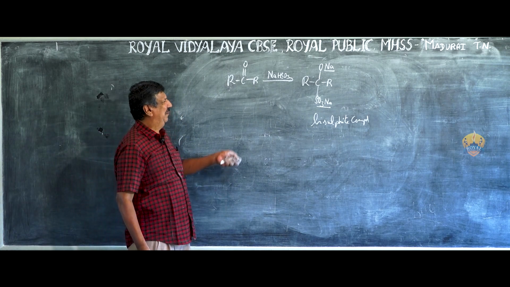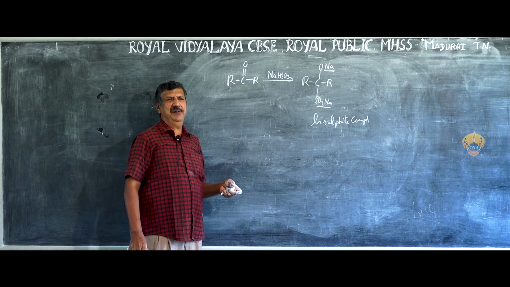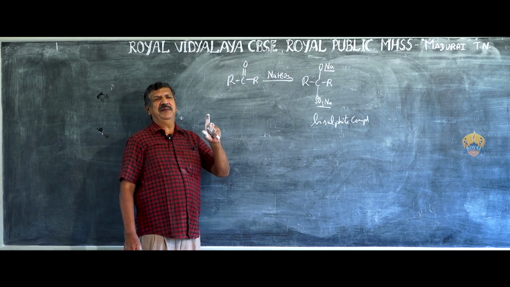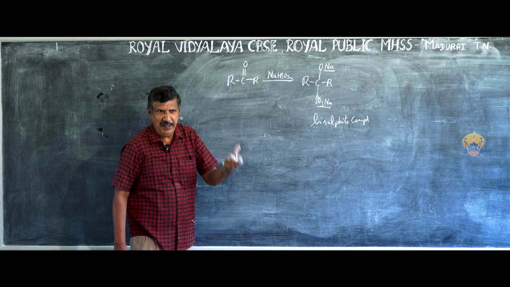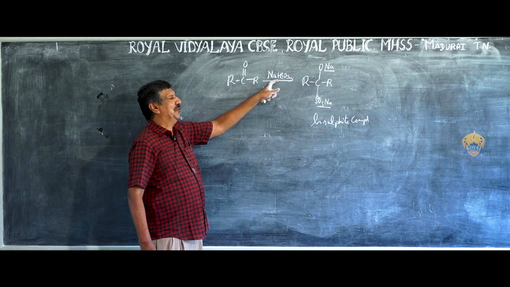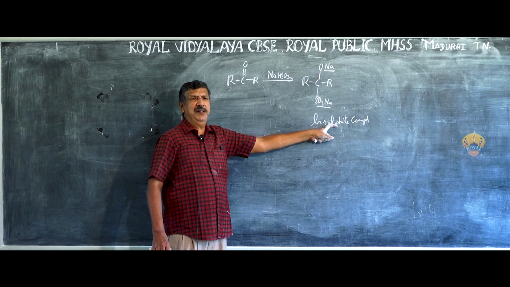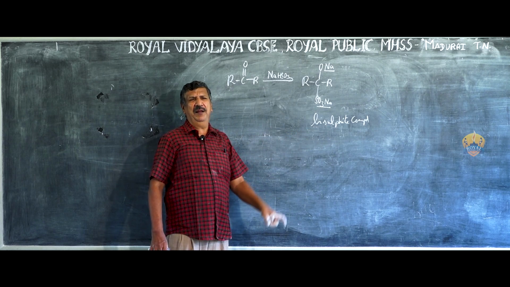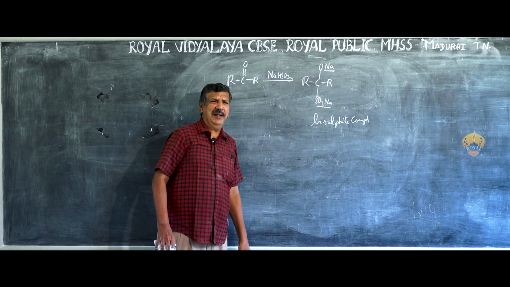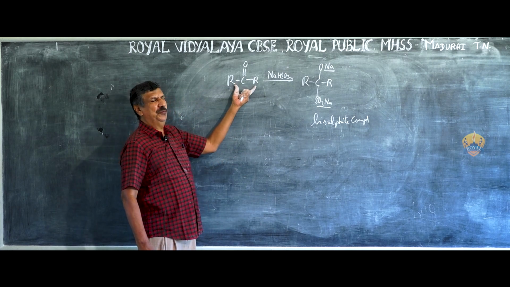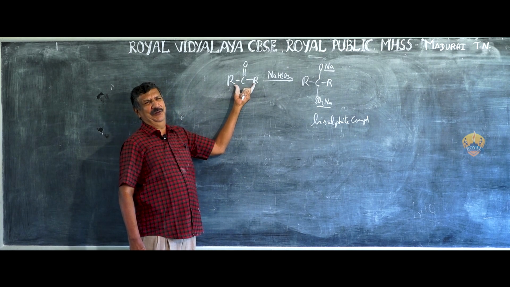What is the purpose of giving this type of reaction? In a problem, they will tell like this: a compound A, when treated with sodium bisulfite, gives a bisulfite compound. What are they trying to say indirectly? The compound should be an aldehyde or a ketone.